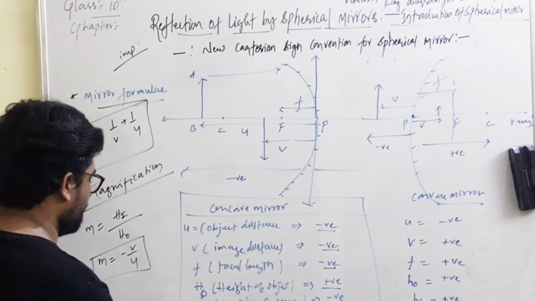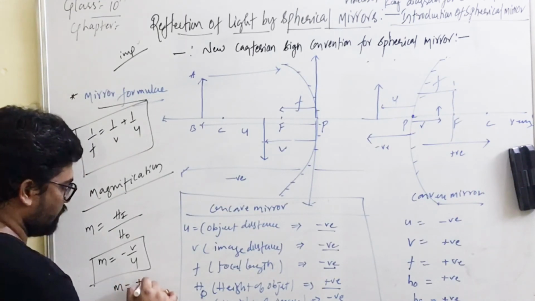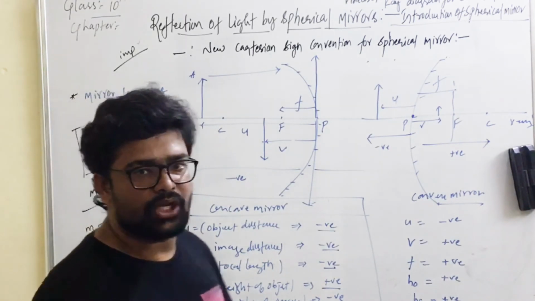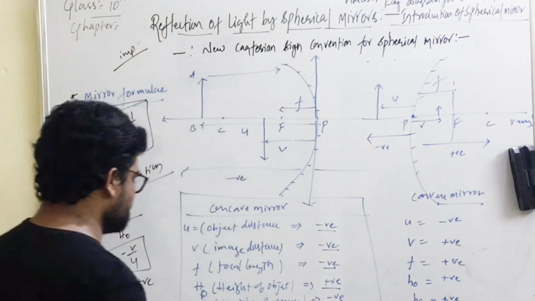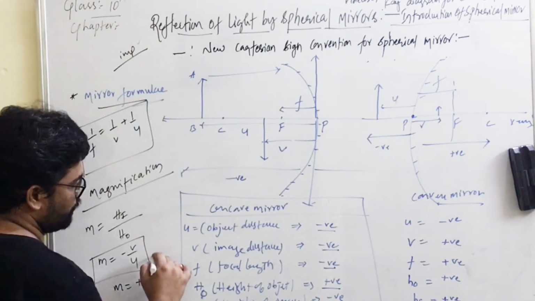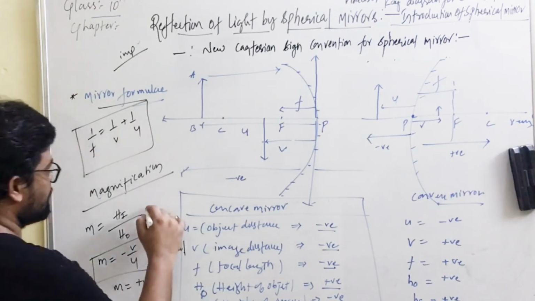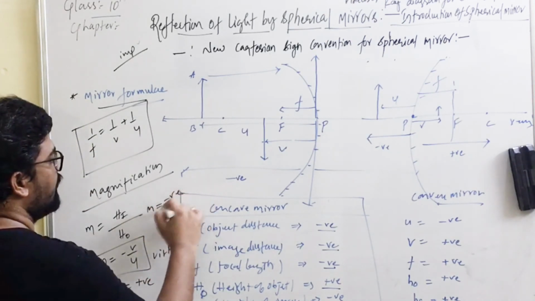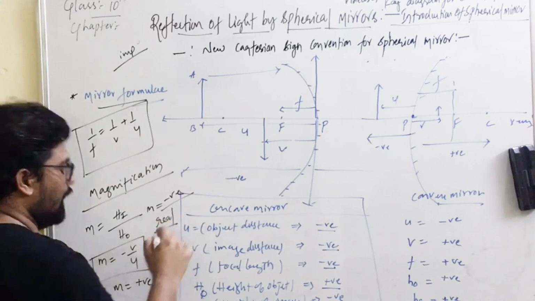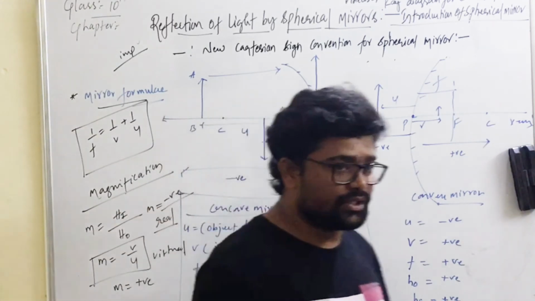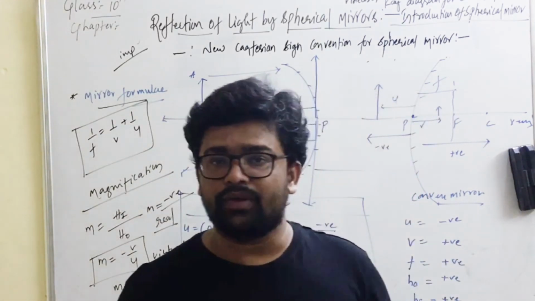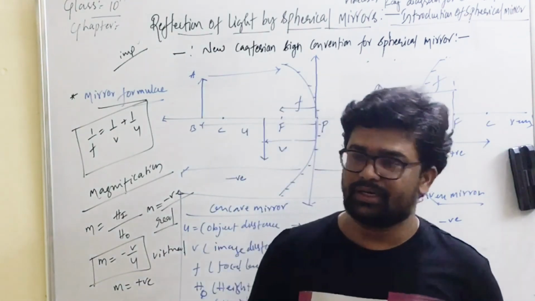If magnification value is positive, it indicates that the image is virtual. If m is negative, it indicates that the image is real, and we all know we get real images for concave mirror, we get virtual images for convex mirror. Is it clear for everyone?